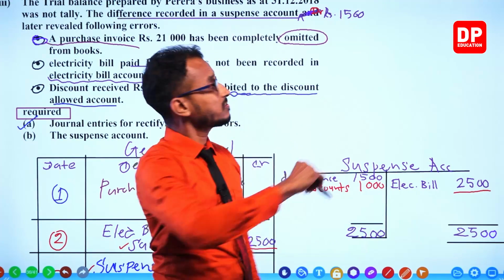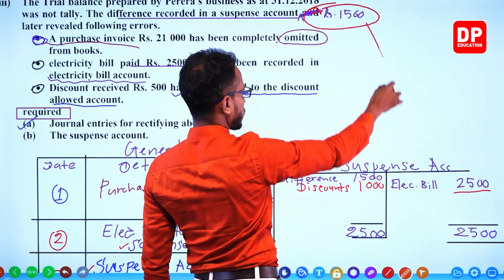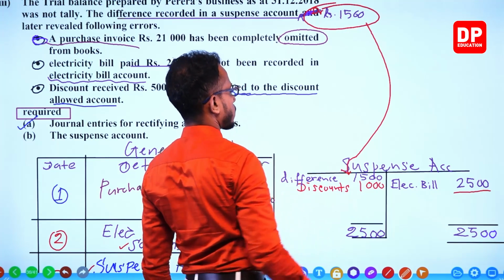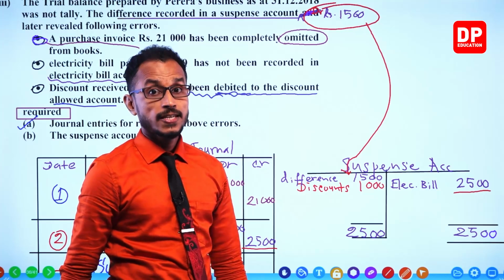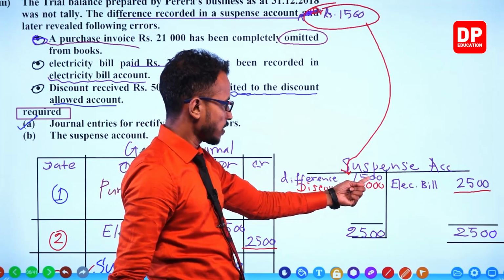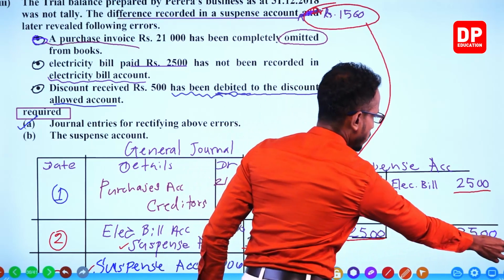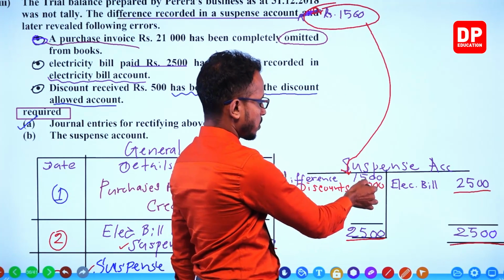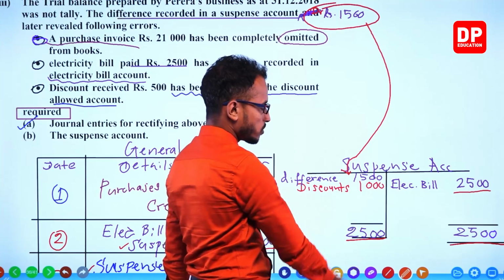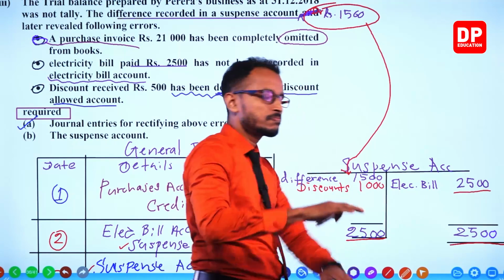If it was entered, both sides will be equal and the suspense account will be ruled off. This side also 1500 plus 1000, 2500. This side also 2500. Done.